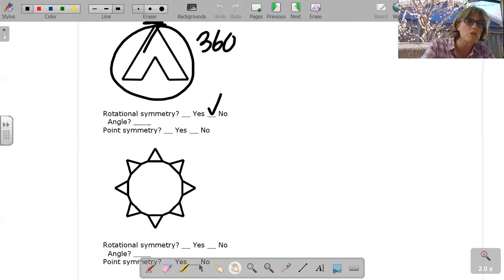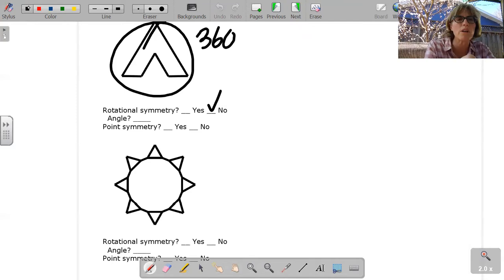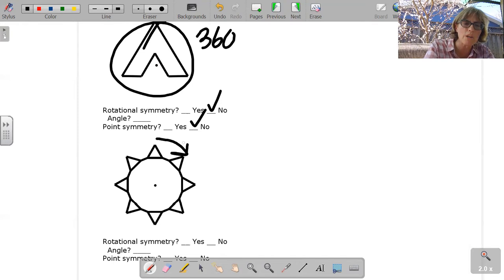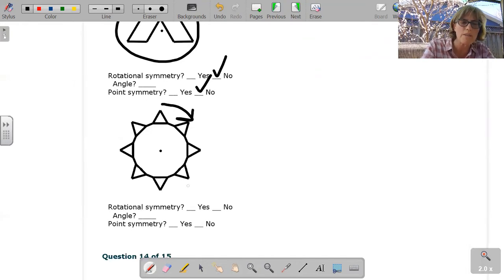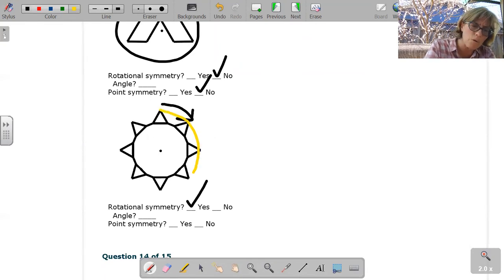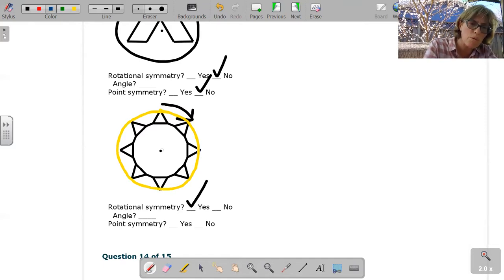Does it have point symmetry? Can you rotate around a single point? The answer is no. Does this have rotational symmetry? Yes, because you only need to rotate that little bit in order to get the same sun. What is the angle? Well, imagine this as a circle, and these are all pie slices.